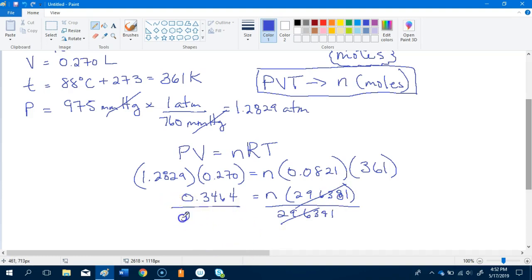And whatever I do to one side, I must also do to the other side. So n is equal to 0.3464 divided by 29.6381, and I get 0.01169 moles is equal to n.